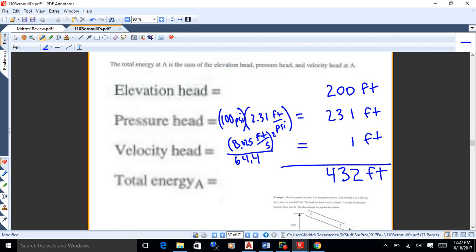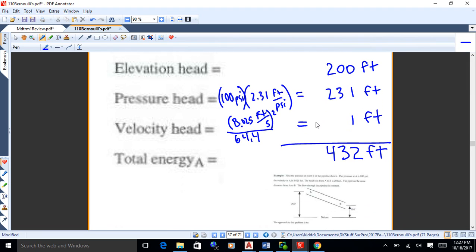All right, so 432 feet. That's how much energy you've got to work with at A. Now what you want to do is track what happens with that energy as the water goes down to B. That's the idea here. So let's see what happens.